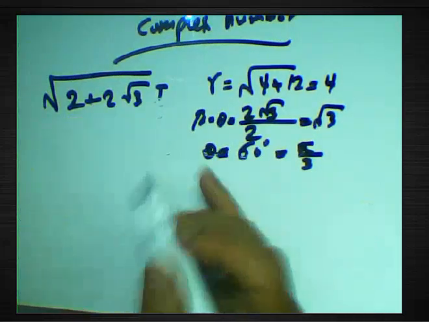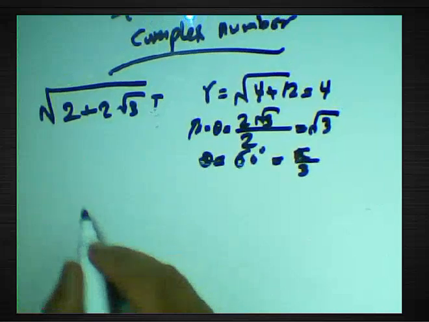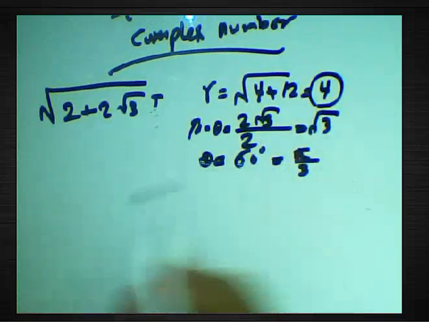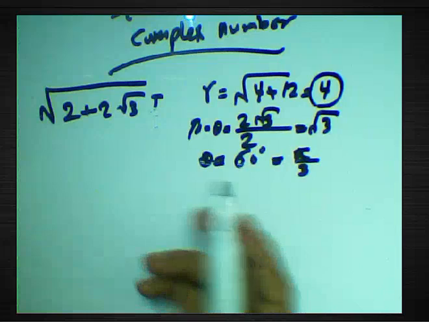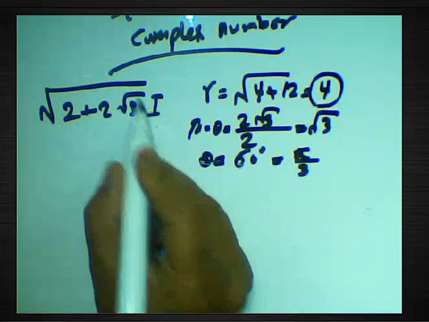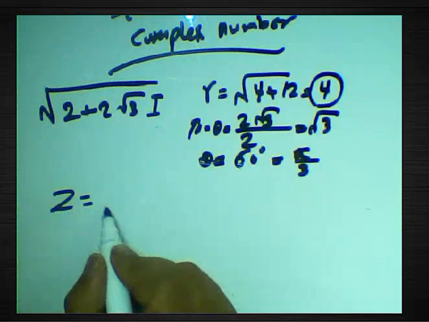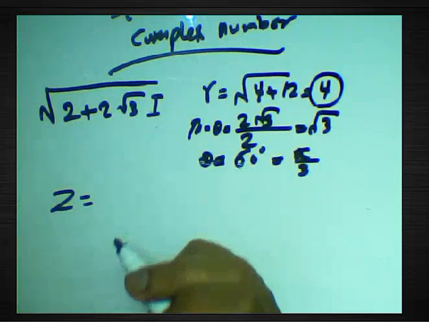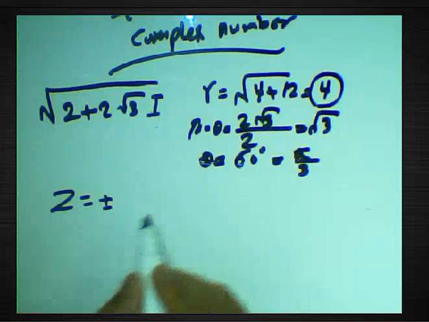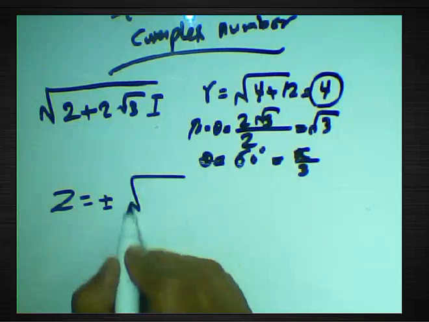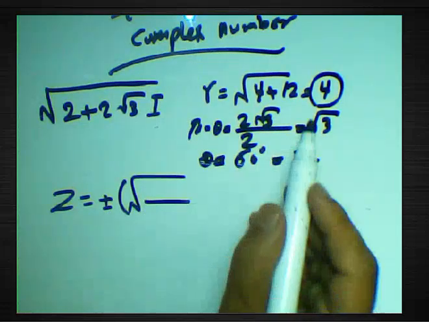Or you can solve this example by another method. r equals 4. And then you can write the square root of this expression z; we have two solutions for this example. Write positive or negative, and the square root of r will be 4.